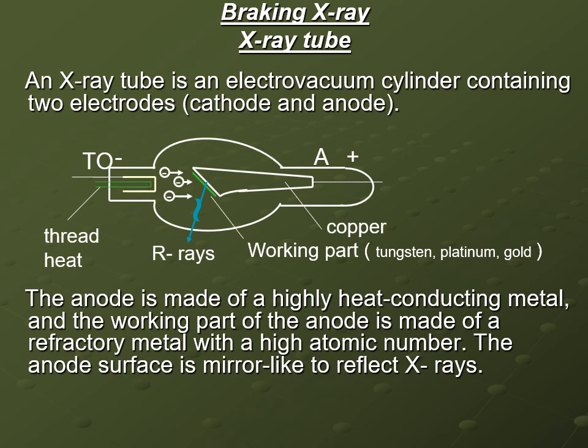In addition, the cathode is our electron source. In order for electrons to be emitted, it is necessary to heat the cathode, that is, here we have a filament connected. When the cathode is heated, electrons are emitted. But in order for X-ray radiation to occur, we need a sufficiently high voltage between the cathode and the anode, on the order of 100 kilovolts.